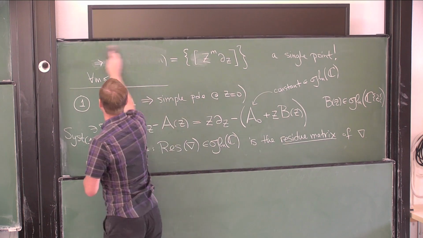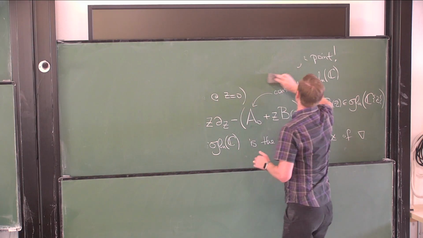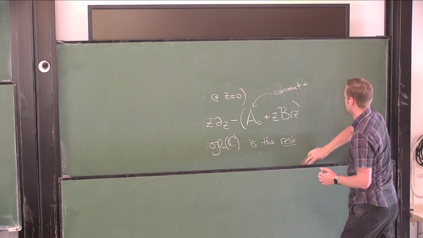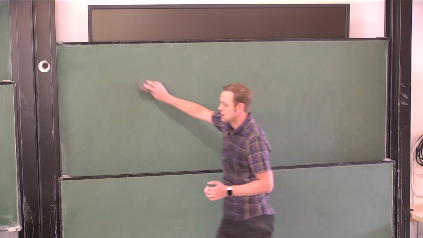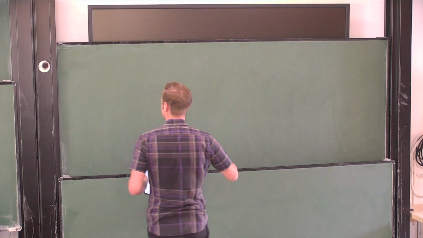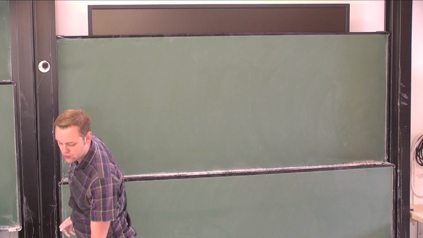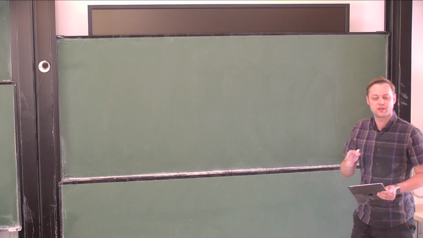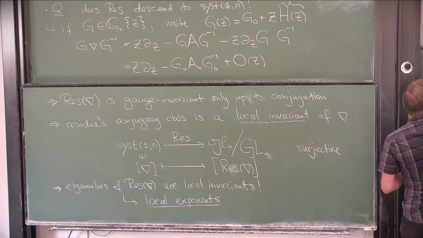So, okay, I want to talk about these invariants. If I have a system and I can extract its residue matrix, and let's say even look at the eigenvalues of the residue matrix, could I use that to completely nail down what the gauge equivalence class of that system is? So let me phrase it as a question.